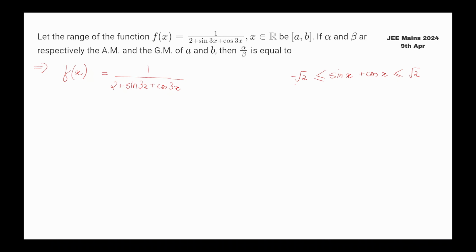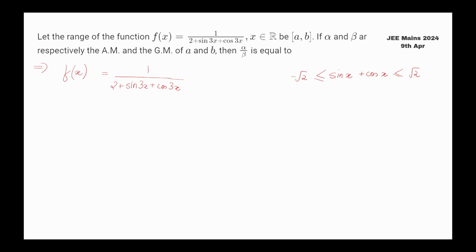Minus root 2. If you do not remember, we'll see it again in the trigonometry chapter, where you'll understand how these graphs combine to form a value that goes up to root 2, and in the negative portion goes down to minus root 2. So whatever the value of x that I put, it is still going to be in that range.